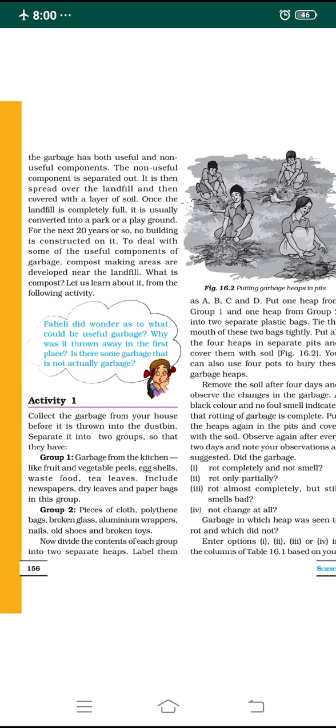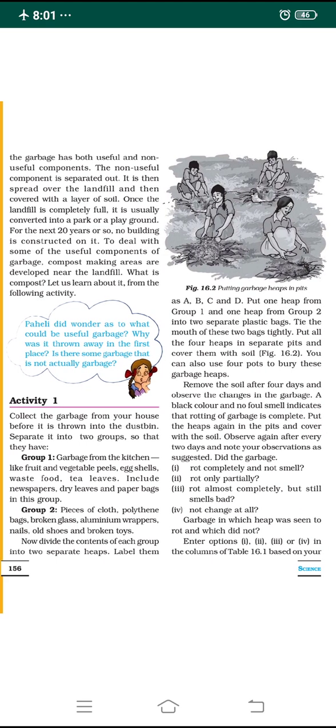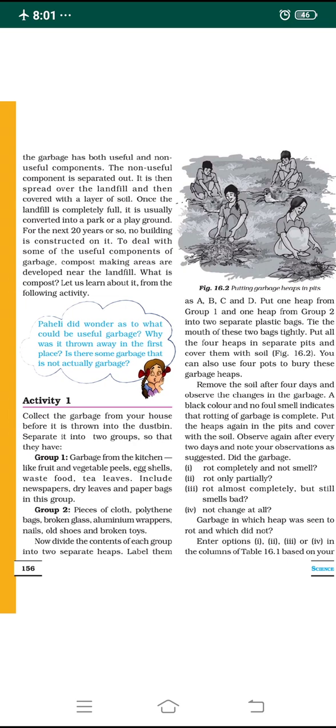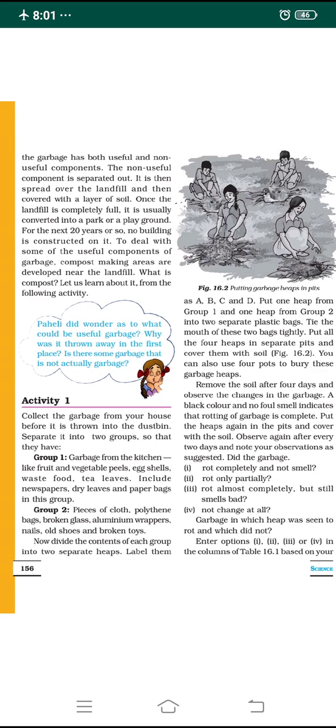In the activity given, activity number 1, you have to collect the garbage from your house or a nearby building before it is thrown into a dustbin. Separate that garbage into two groups. Group 1 is garbage from the kitchen, like fruit and vegetable peels, outer coverings, eggshells, waste food, tea leaves, including newspapers, dry leaves and paper bags.